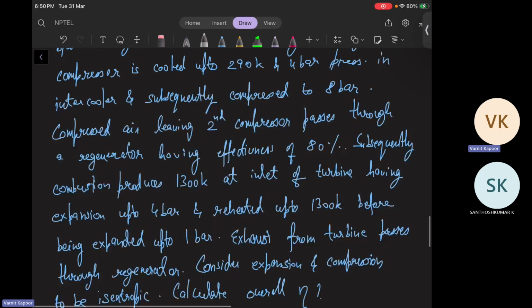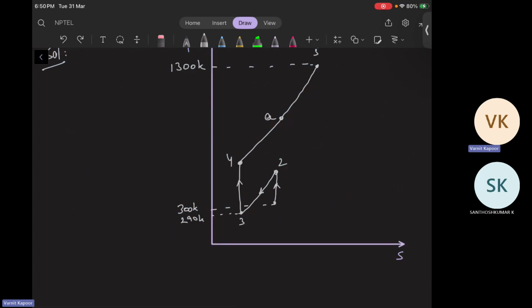And then it is said that the inlet of the turbine has expansion up to 4 bar and is reheated up to 1300 again. So first it reduces the pressure by expansion and then it is reheated till 1300 Kelvin. So this is stage 6, then stage 7, and again expanded.